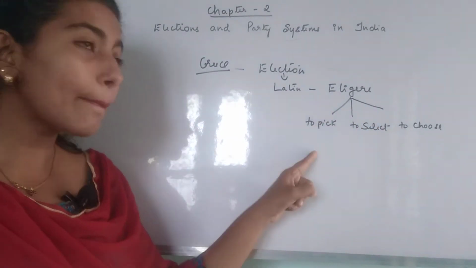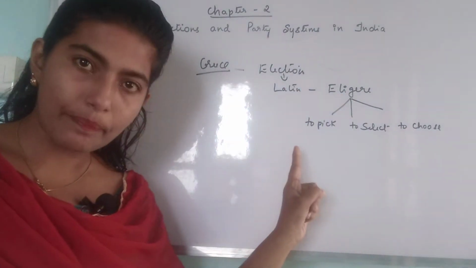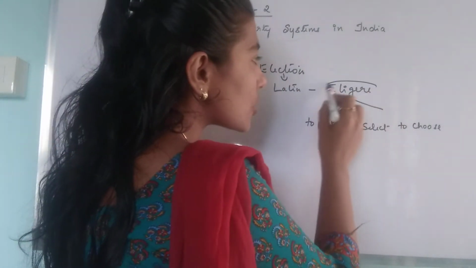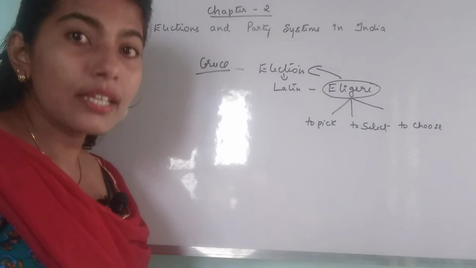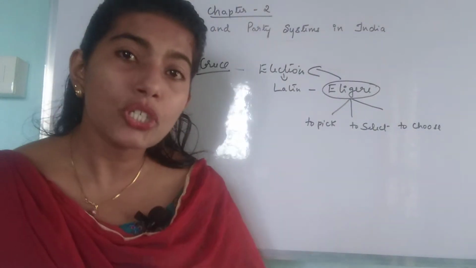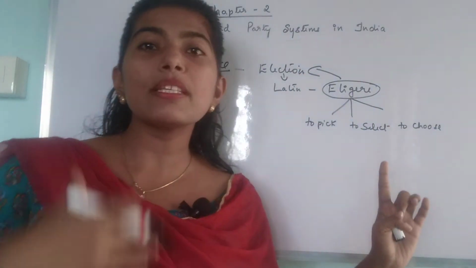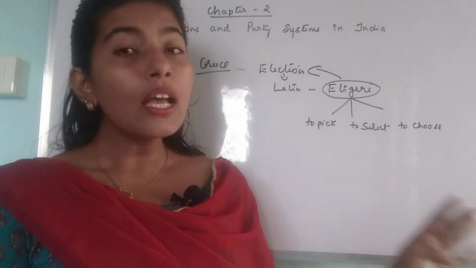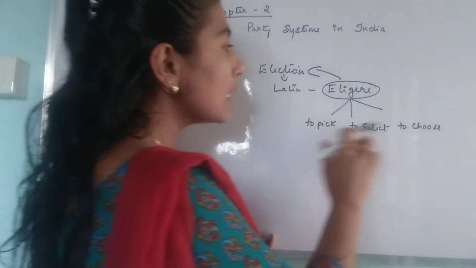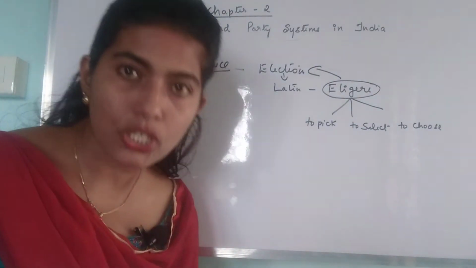From this word eligere, we derive the English term election. On the basis of these three meanings, we draw the English meaning of election.